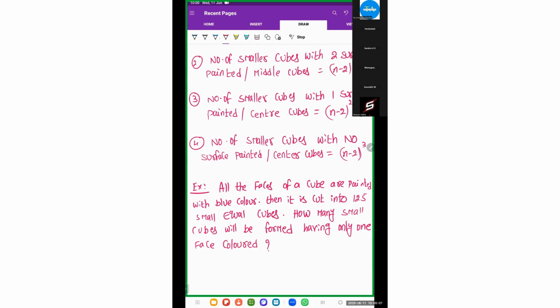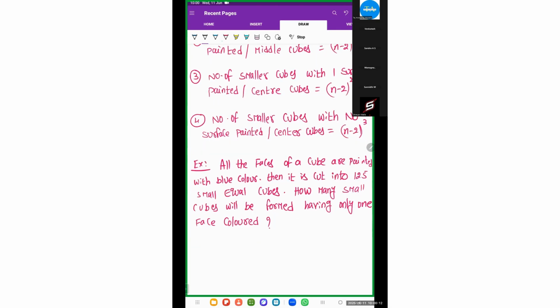Option A 54, B 8, C 16, D 24. Okay, this is the question. Here all faces of a cube are painted with blue color.